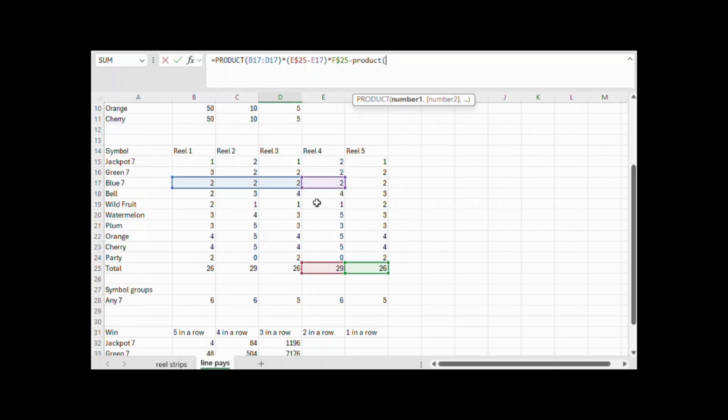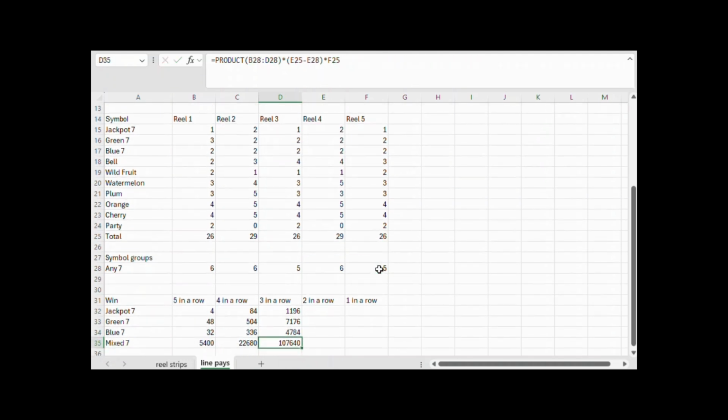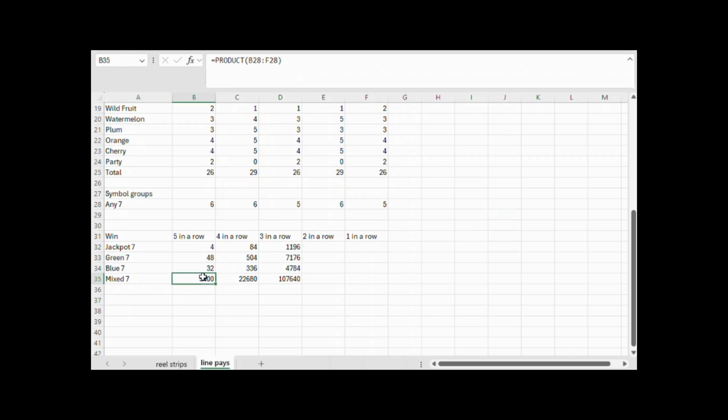So that's going to be 2 times 2 times 2 times the number of ways the player can get a Jackpot 7 symbol or a green 7 on reel 4, which is 2 plus 2, times 26, which is the number of ways you can get anything on reel 5. So that brings that one, 3 blue 7s, down to 4,784.